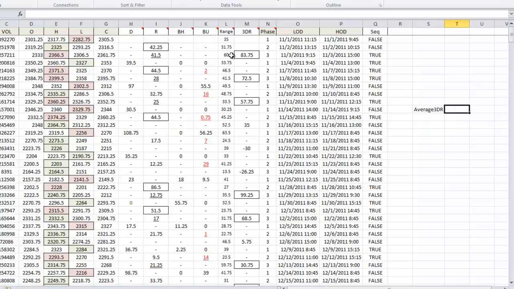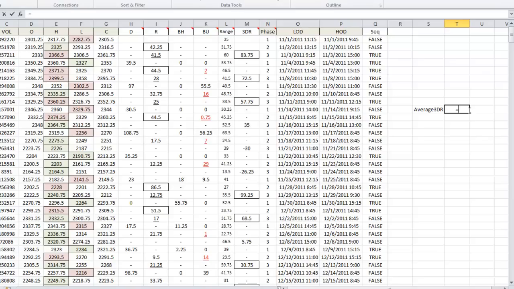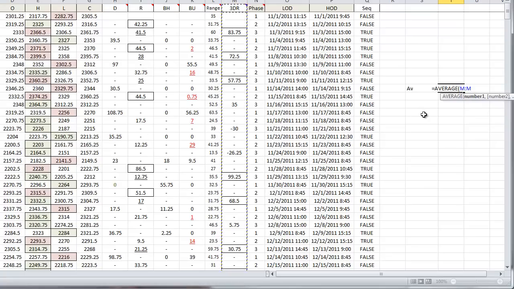The average 3-day rally, which are these values here. So I'm just going to say equals average, and I'm going to say average of column M here. And it's telling me that the average 3-day rally is 40 points.